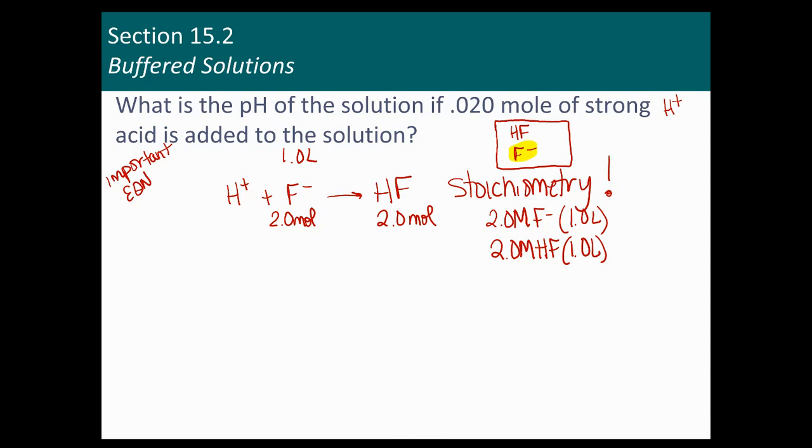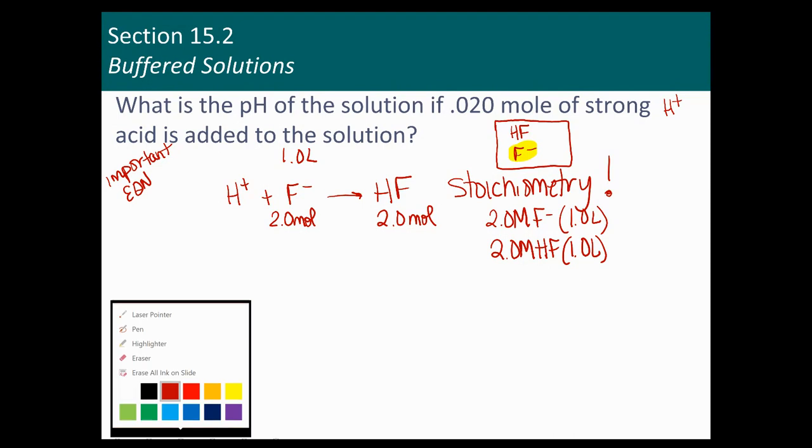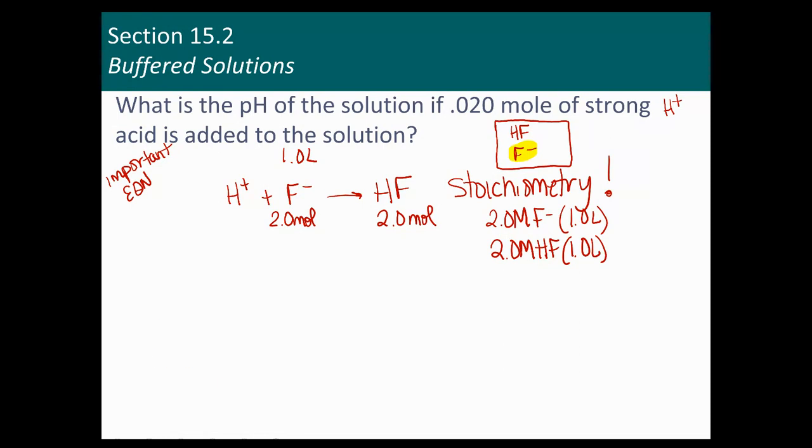And then we're adding, I'll put it in a different color if you want. Okay, this will always be our limiting reagent or we're going to kill the buffer. So that's going to be completely reacted.